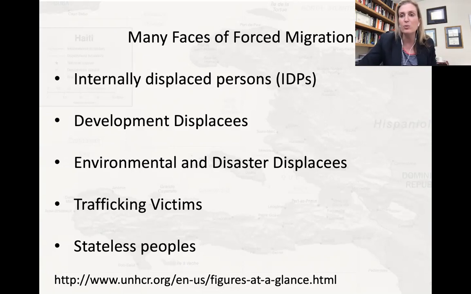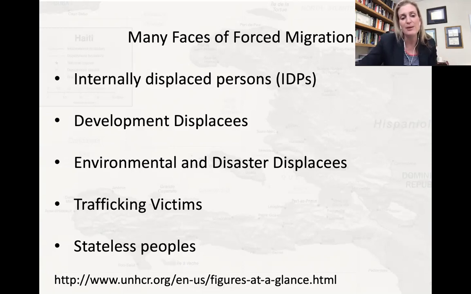If people were on the wrong side of the line, maybe ethnic minorities living in Serbia, because of wartime or xenophobic policies they would not be granted citizenship in the territory they were born.